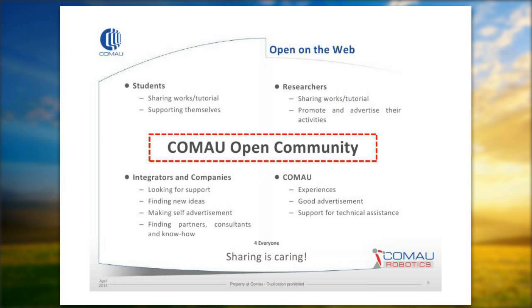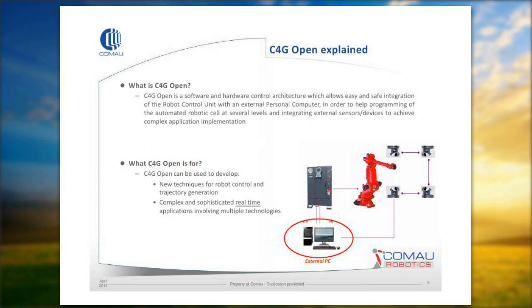We also started to plan an open community on the web in order to put together students, researchers, integrators, and companies together with the Comau experienced staff and engineers to share all the ideas and all the possibilities of the C4G Open all together.